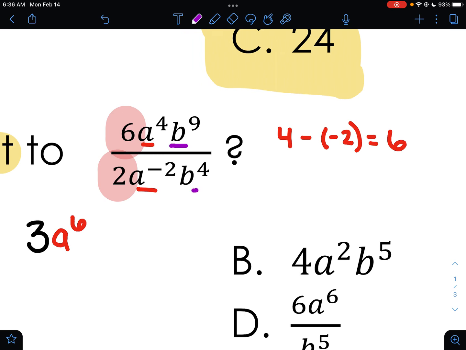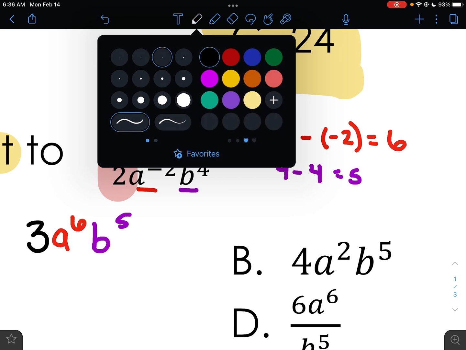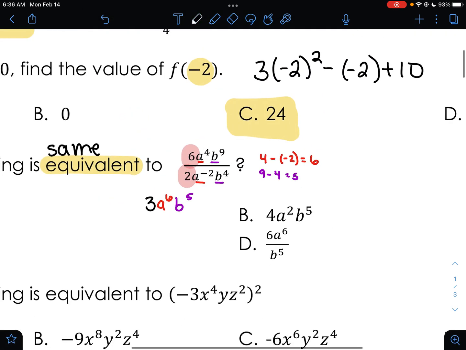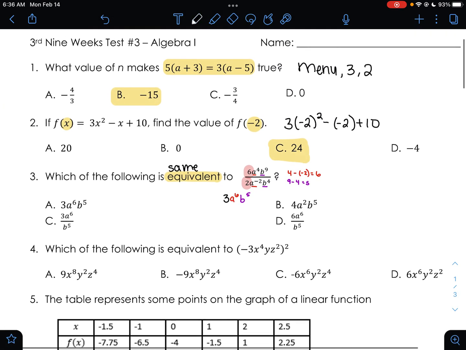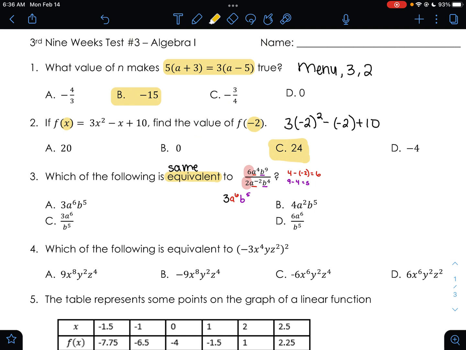Then I go over to my next variable, which is b. So I have 9 minus 4, which is 5. So I look at my answers to see which one is correct. I have 3a to the 6th, b to the 5th. Looks like it's answer choice A.